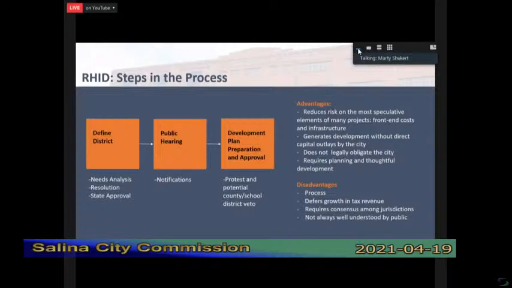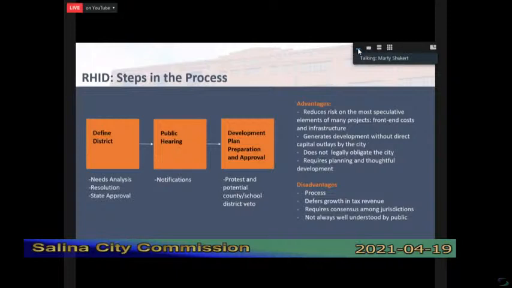So the advantages of an RHID are that, number one, importantly, based on what we talked about last week, it reduces risk. So it reduces the exposure on what I think and many people think are the most speculative parts of a project, and that is the front end costs, putting the stuff in the ground to be able to support the project.